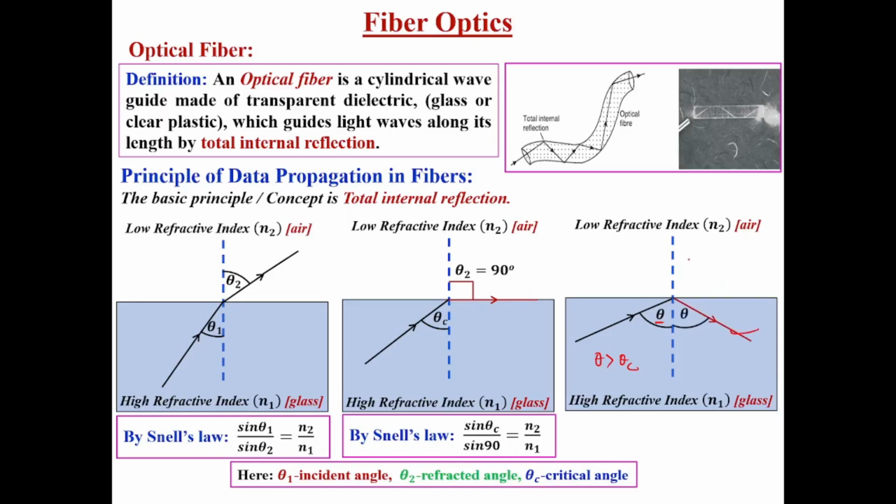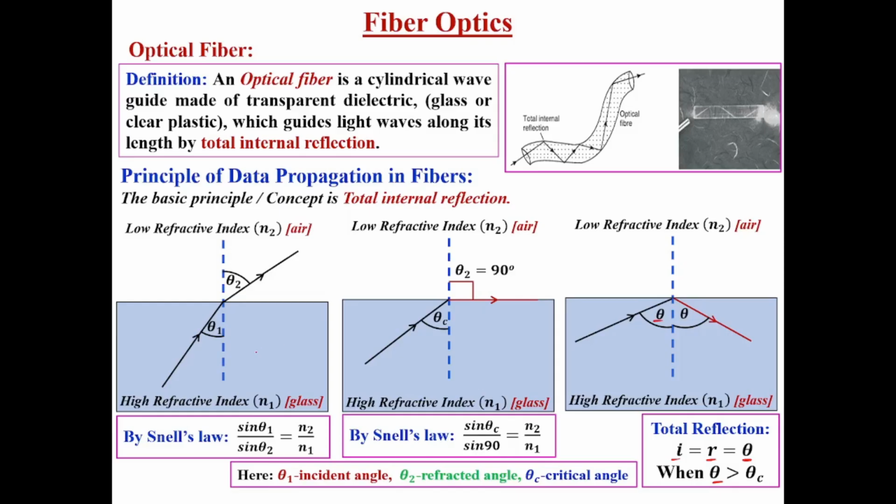This is the reflected ray. We cannot get any refracted light when theta is greater than theta c. The incident angle will be equal to the reflected angle, because this is the incident ray and this is the reflected ray in the same medium. So this is all about total internal reflection. For total internal reflection, the incident angle equals the reflected angle equals theta, and this happens when theta is greater than theta c.